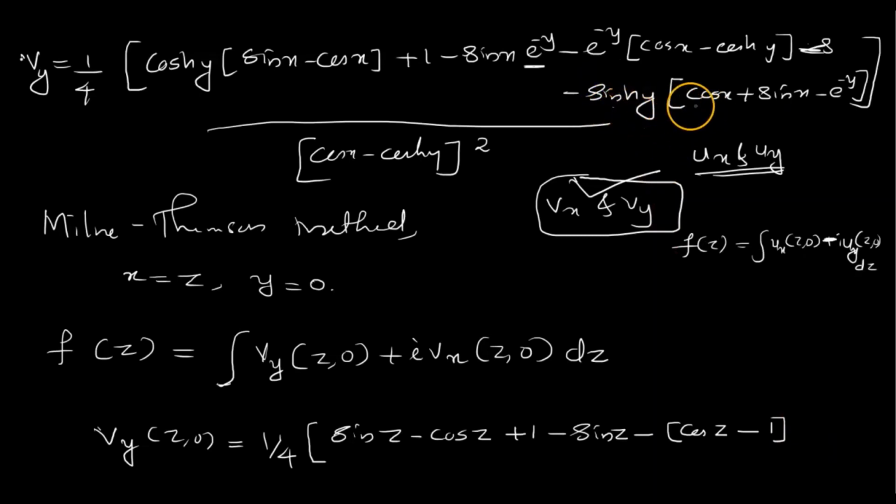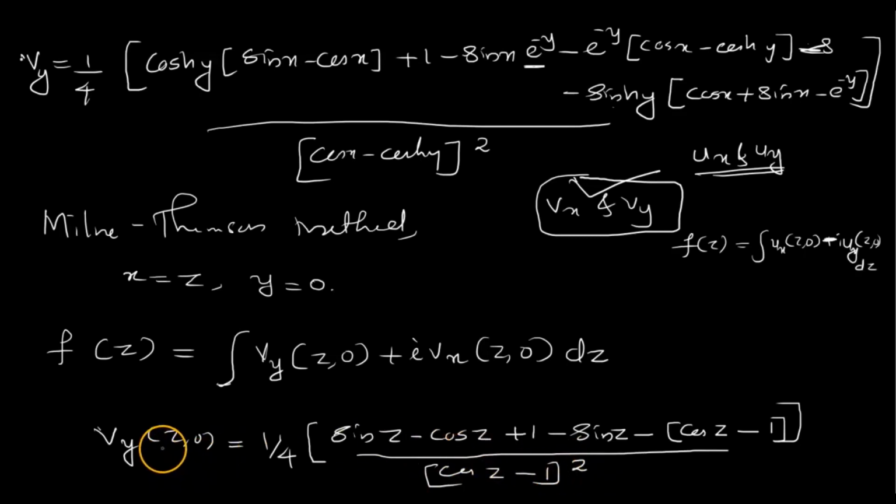Sin h0 is 0 and 0 into some term is always 0, so neglect that term. The denominator is cos z minus cos h0, which is 1, all square. So this is our Vy at z0.